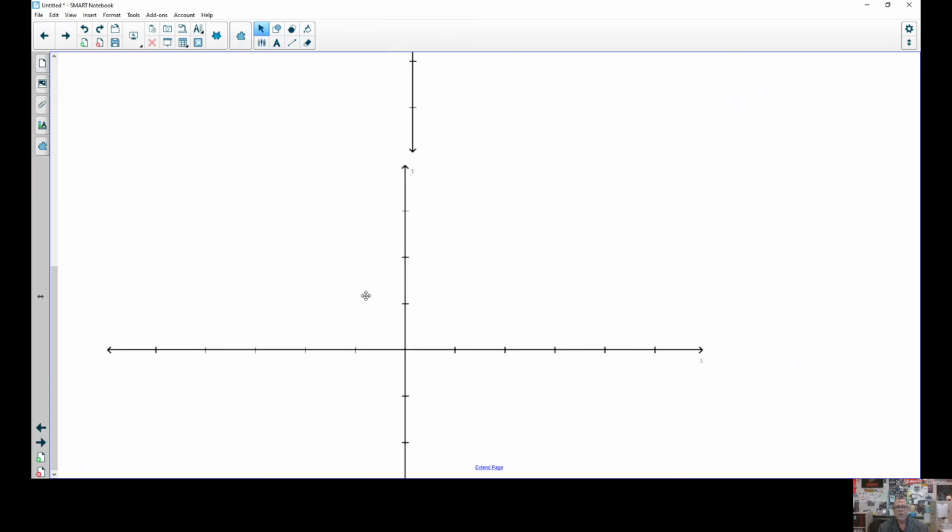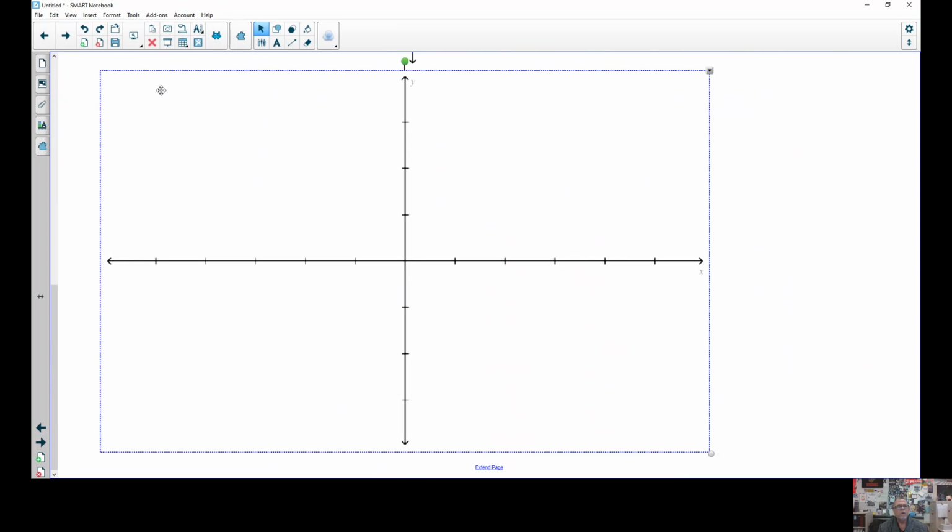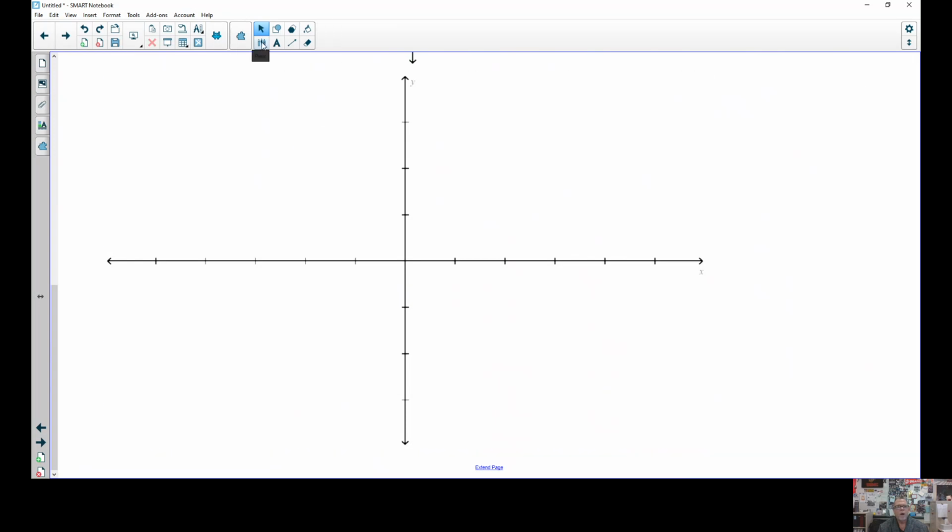So if we had y equals 2 cosine, let's do a cosine just because we haven't done one of those, 2 cosine of, let's do 1/2 theta.